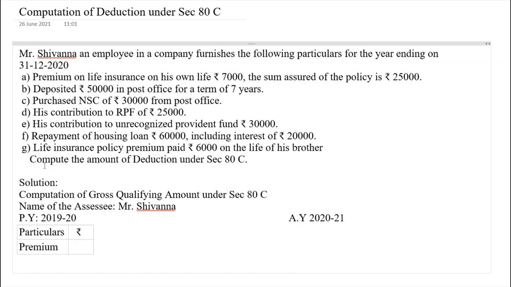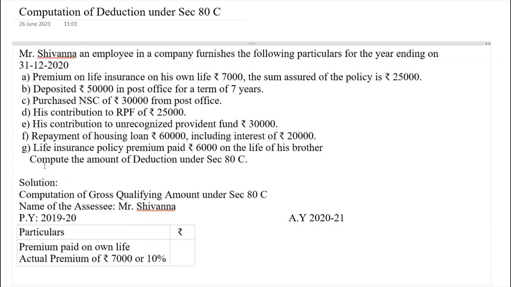Premium paid on own life. This is the actual premium of rupees 7,000 or 10% of sum assured.